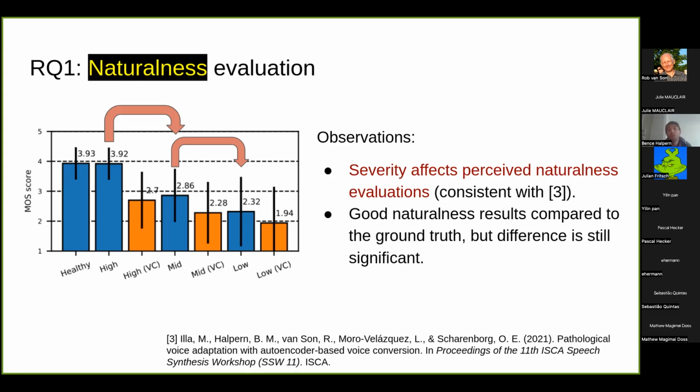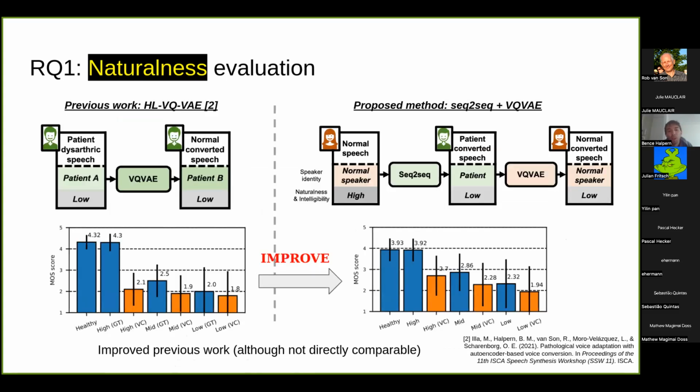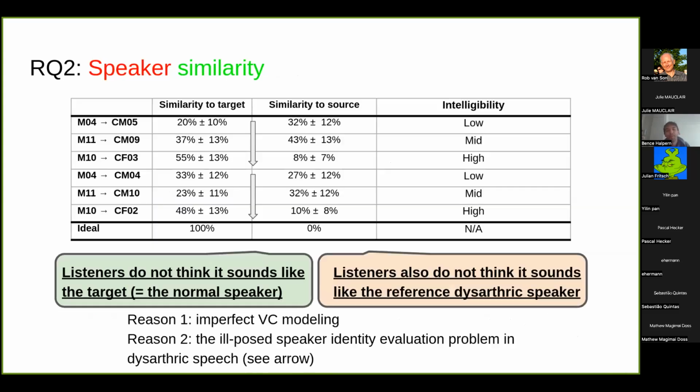But overall, we achieved good naturalness results compared to the ground truth, but the difference was still significant. What's also worth mentioning is that compared to our previous work, we had a slight increase in the mean opinion scores, although the two setups are not directly comparable, but that also gives us the idea that we have gone in the right direction with this setup.